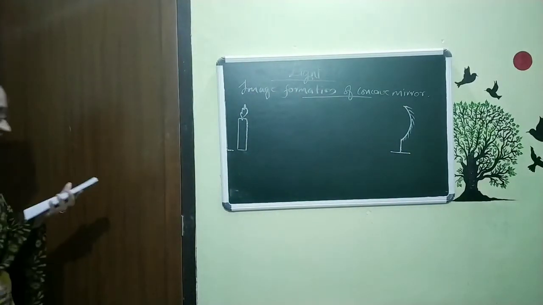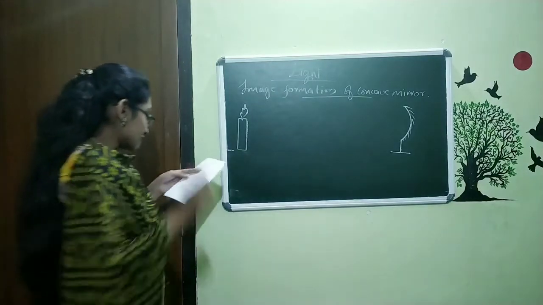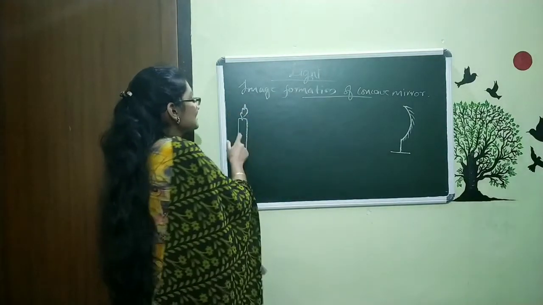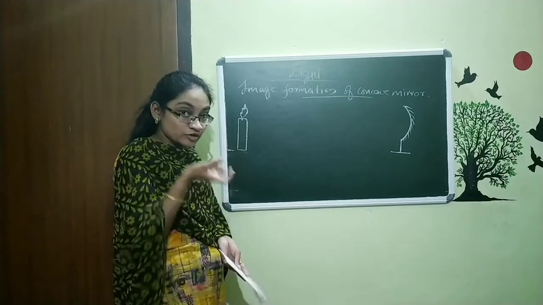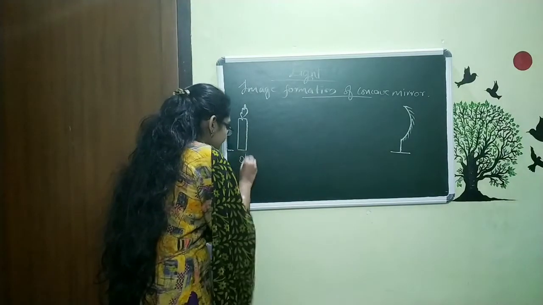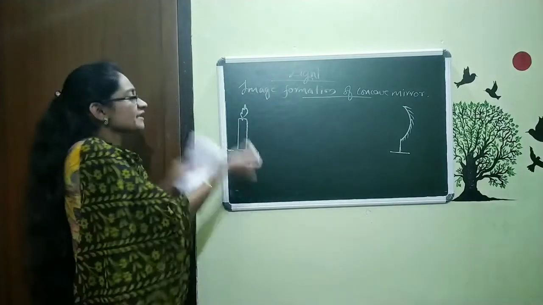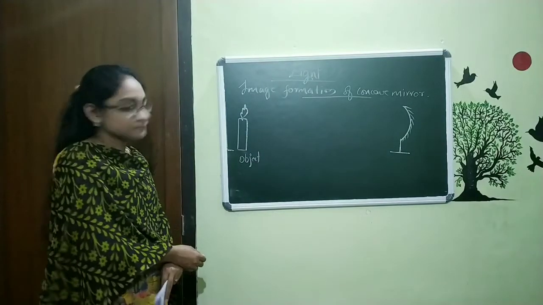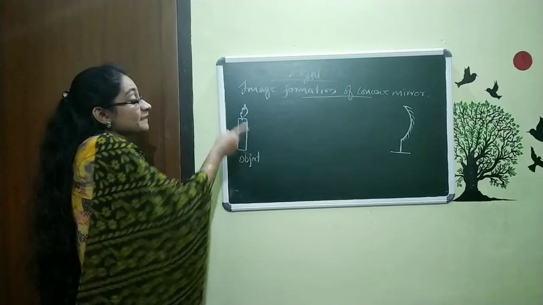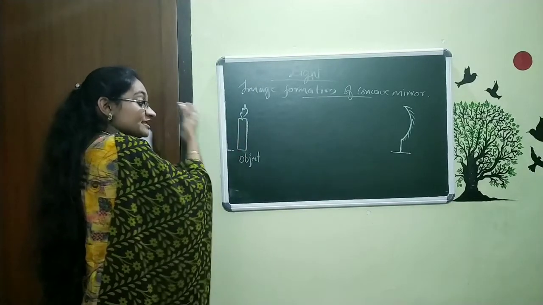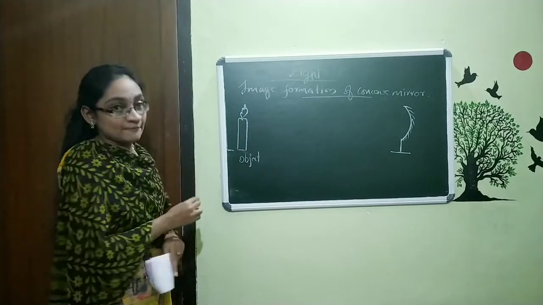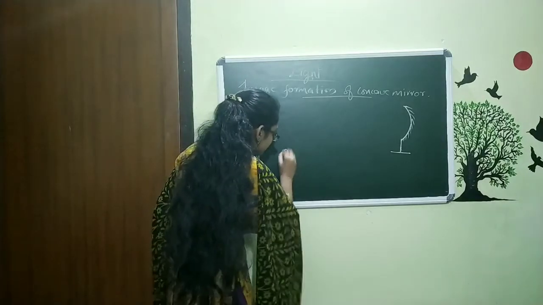Now we are going to start our activity. At first, we are placing our candle. Now I am going to call this our object. I am placing our object very far. When I place this object very far, what happens? That is our question.